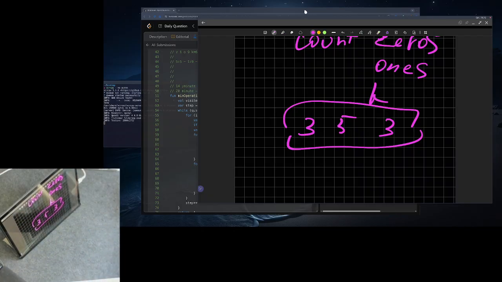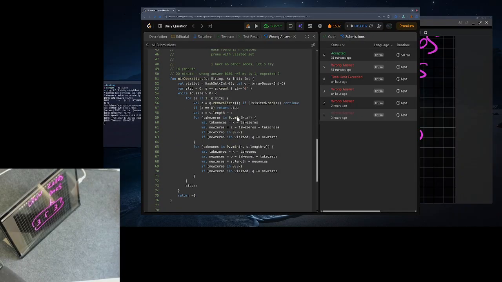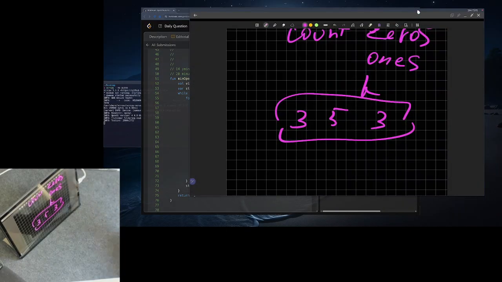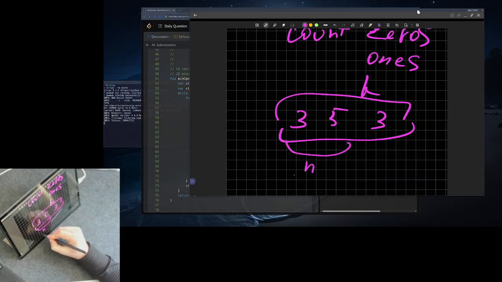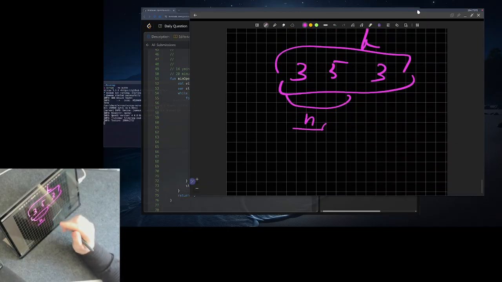Okay, what can we do with this kind of intuition? Given that we have only n possible zeros plus ones, that means the entire space of the solution is from 0 zeros to n zeros.